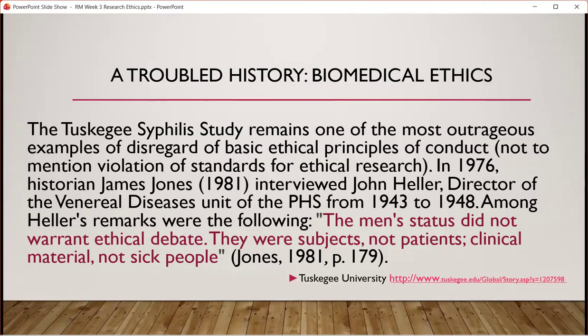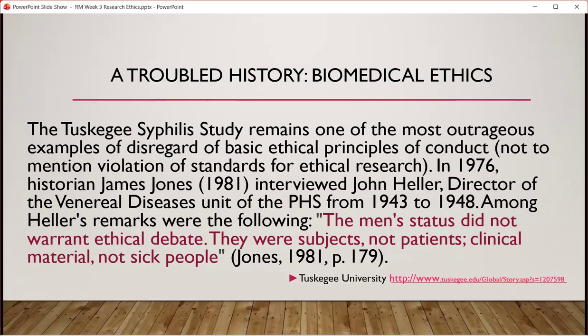In 1976, the historian James Jones interviewed John Heller, who had been the director of the venereal diseases unit from the public health sector from 1943 to 1948. Again, the Tuskegee syphilis study started in the 30s, prior to penicillin, which is actually the cure, or the treatment for syphilis, I should say. And that came about in the 40s.